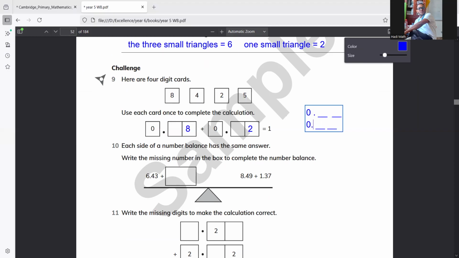Then this will give you just 1. It's going to be 1.00, because when it's 1, the decimal part will be 0.